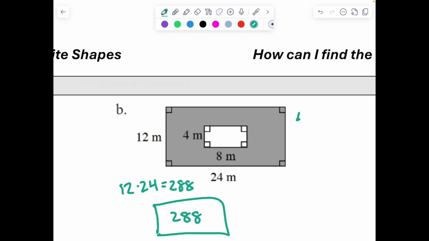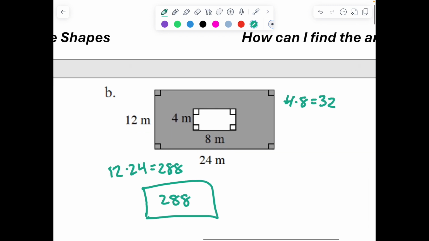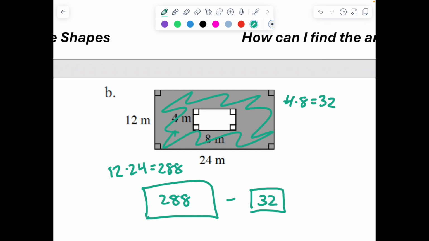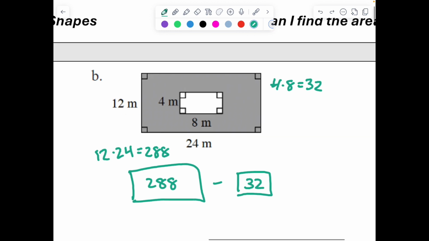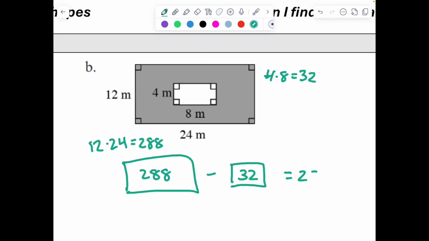And then the small rectangle is 4 times 8, which is 32. So we want to take that small rectangle away so that we can just get this shaded portion. So 288 minus 32 is 256. And then here we were given meters, so this is meters squared.